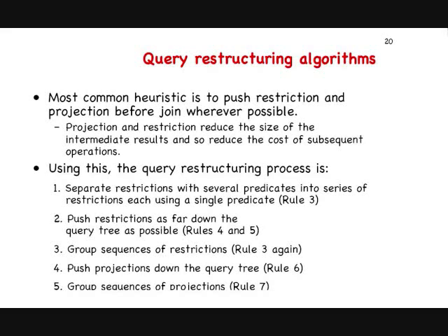The cost we're trying to minimise is the size of intermediate results. So ideally we find some restriction or projection operation which gets rid of 90% of what we start with, and obviously that's the one you move right to the beginning, because at that stage you've got a small intermediate result, and everything else that follows from it will also be small. So restriction and projection reduce the size of intermediate results.